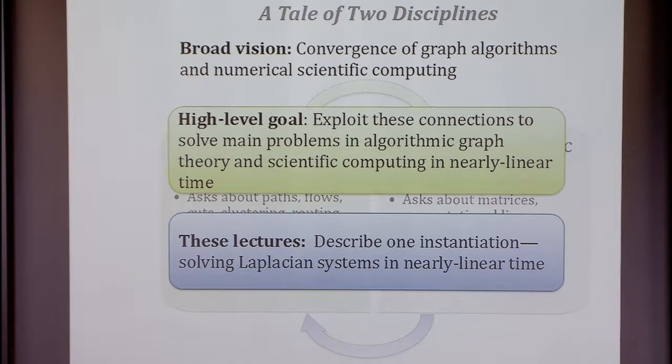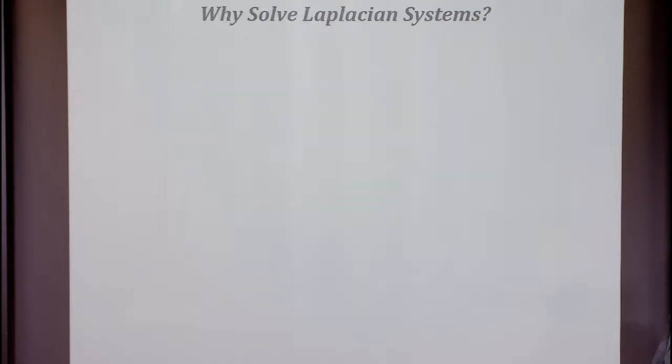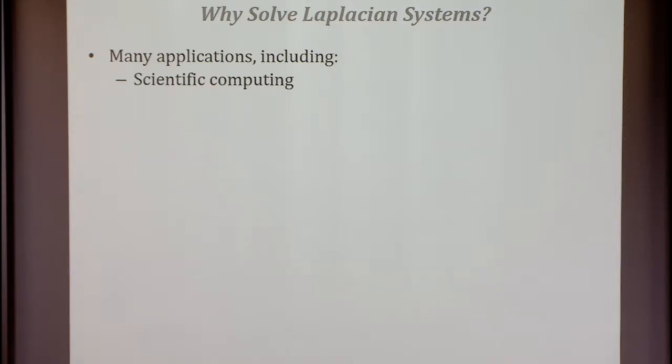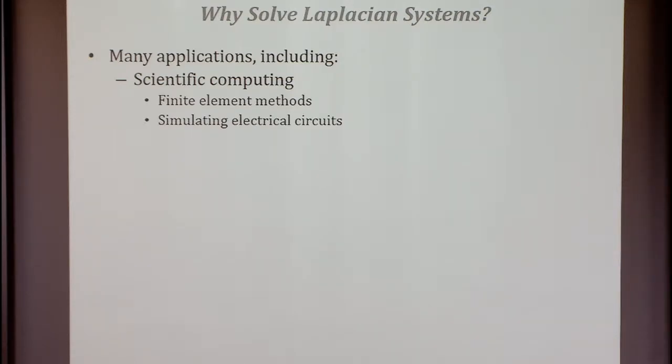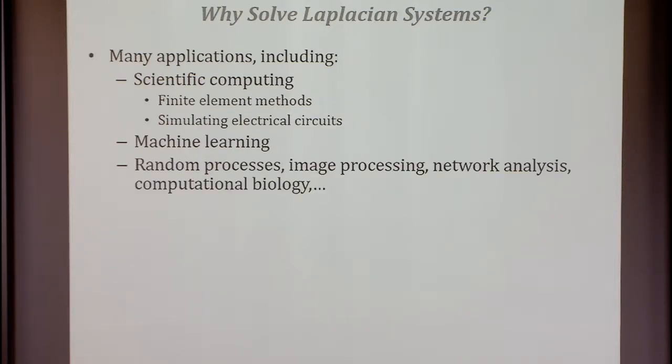OK, so I'm going to give a very brief why solve Laplacian systems, though I guess James kind of covered it for me. Broadly, they appear a lot. They've appeared in scientific computing as one of the core objects that one studies from finite element settings. They also show up for things we'll actually exploit. They're very strongly connected to the behavior of electrical circuits. And they've also had a lot of applications in other fields, in machine learning and random processes and image processing, et cetera.